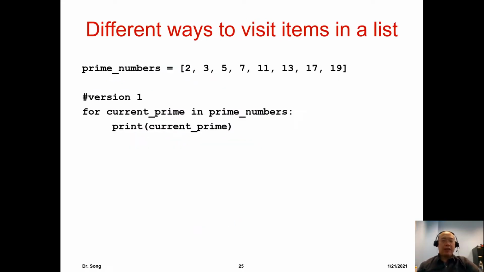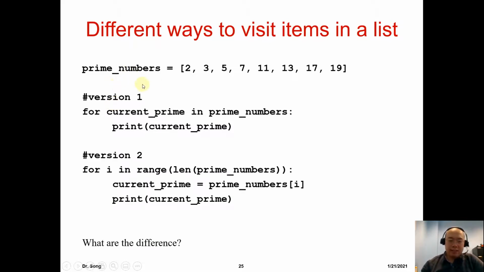Okay, and there are a couple of different ways to do the iteration and to visit all the members of a list. So in version 1, you can do for item, which is the current prime, in the prime numbers. So we are using the current prime as a control variable to visit all the values in this list. And another way is, you can do for i in the range of the length of the prime numbers, and then you are using i as a control variable.